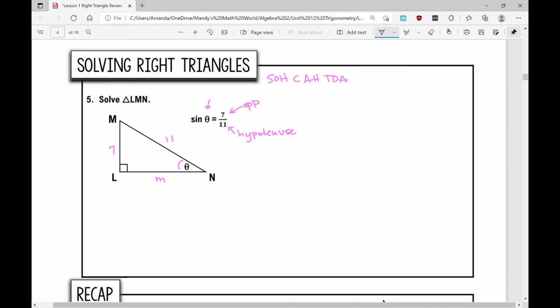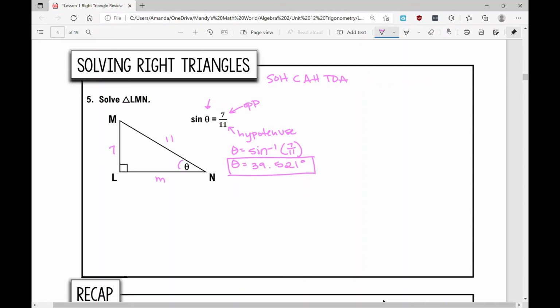That means that theta is equal to sine inverse of 7 over 11. And that's what you're going to plug into your calculator now. Sine inverse of 7 over 11 is that angle for theta. So theta is actually 39.521 degrees when I plug that into the calculator.